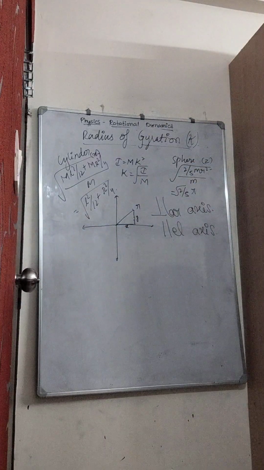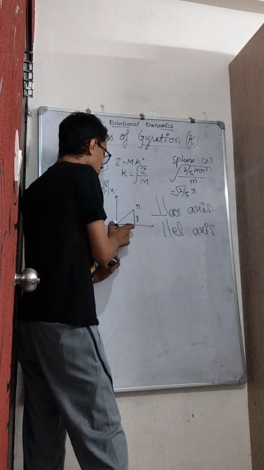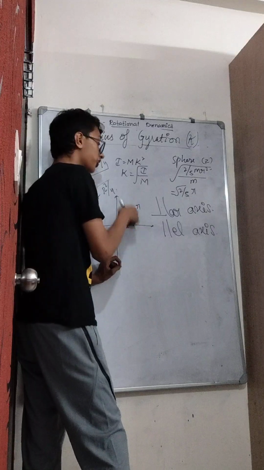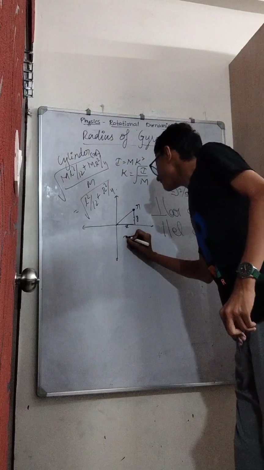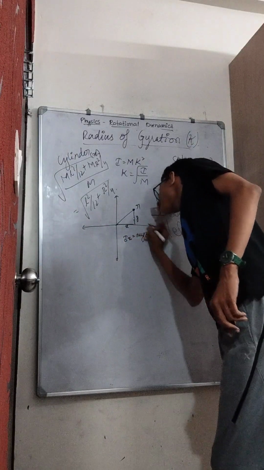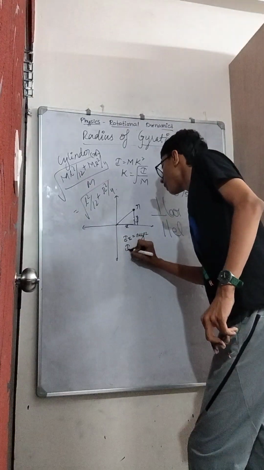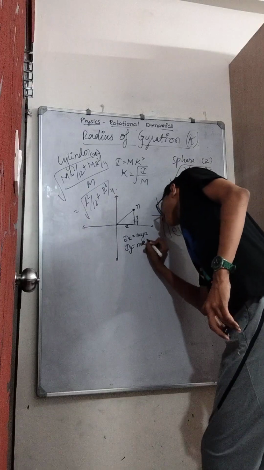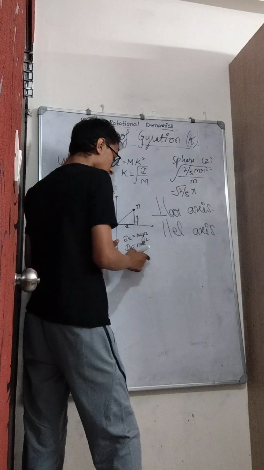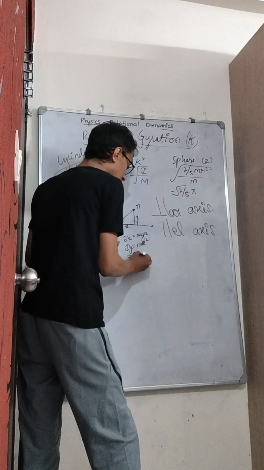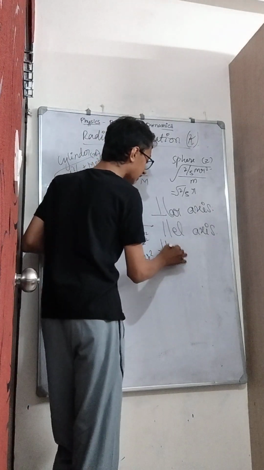Now I will say that Ix, the distance towards the x-axis perpendicular to the point, is equal to m y square, because this is perpendicular to the x-axis. If it's rotating about the y-axis, then Iy is equal to m x square. Very good. Now if I want to find Iz, that means it is m r square.